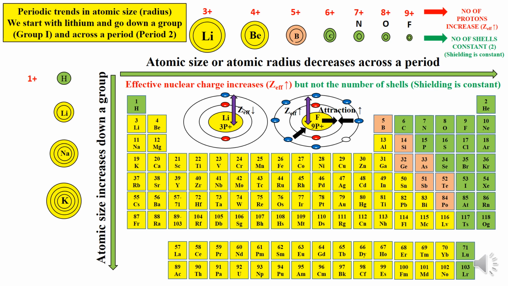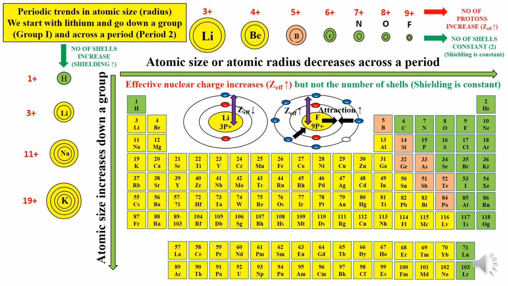And what about the number of protons? 1 in case of hydrogen, 3 in case of lithium, 11 in case of sodium, and 19 in case of potassium. So you find that there is increase in the number of shells.